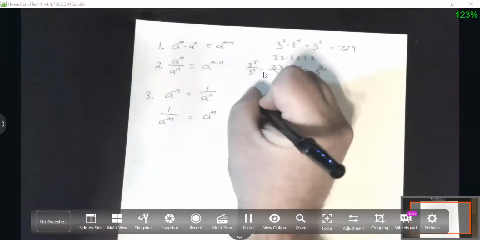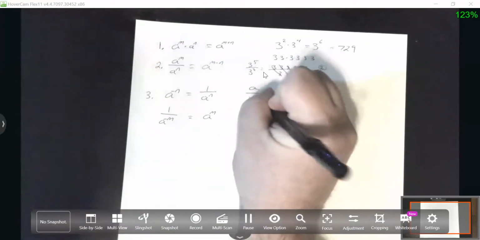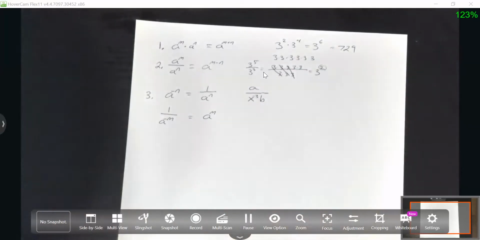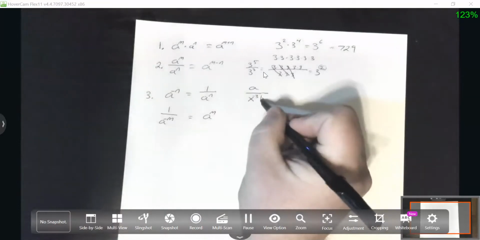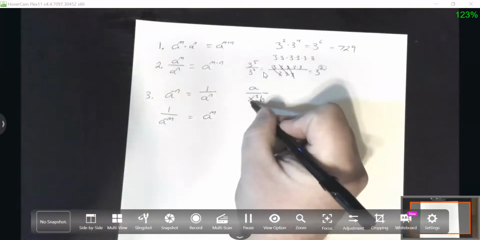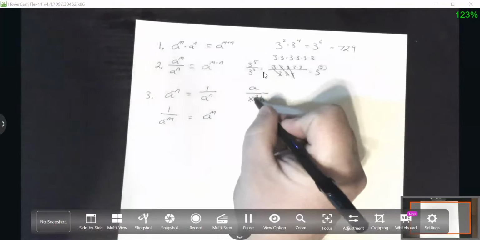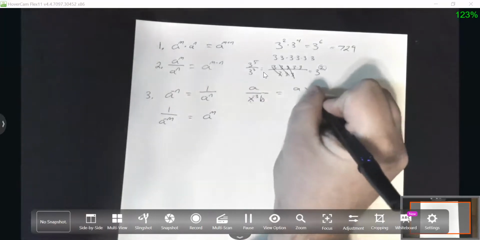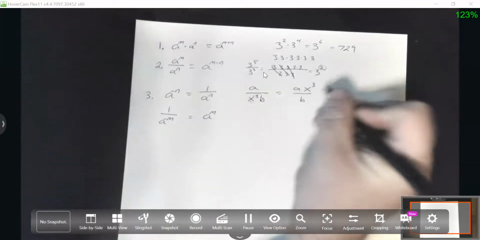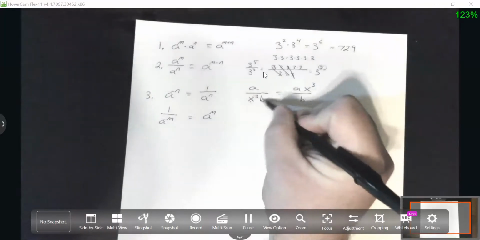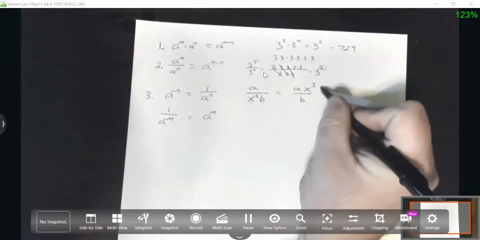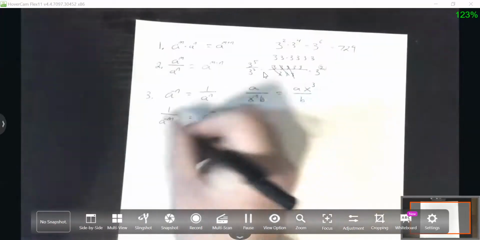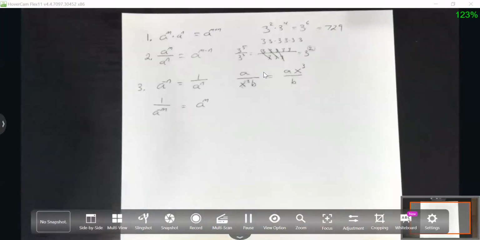So if I had a over x to the negative 3b, as an example, just a whole bunch of weirdness going on, the a and the b aren't negative, they're not going to move around. The x to the negative 3rd will move. The negative says it's going to move up to the top, so we'd have a x to the 3rd over b. The negative moved it to the other part of the fraction, and then it became a positive. That's basically what that rule is saying: whenever you have a negative exponent, it's going to change its location inside of the fraction.